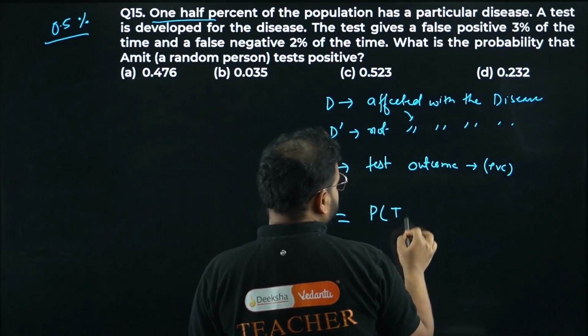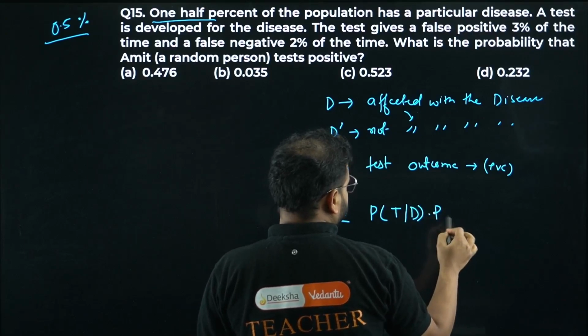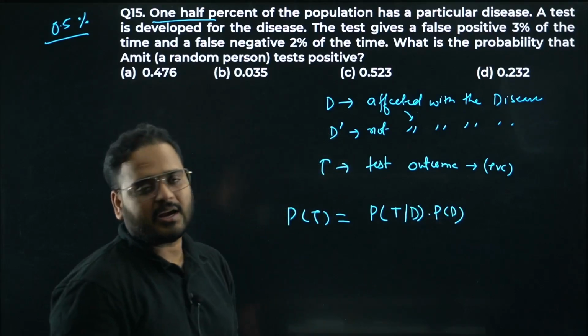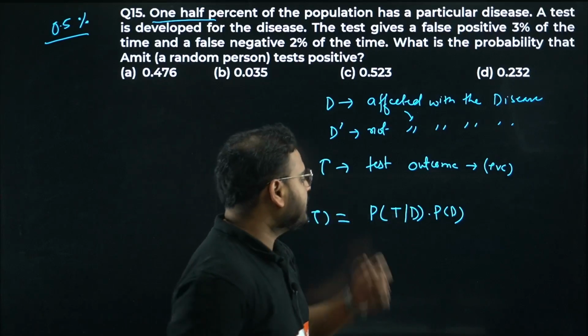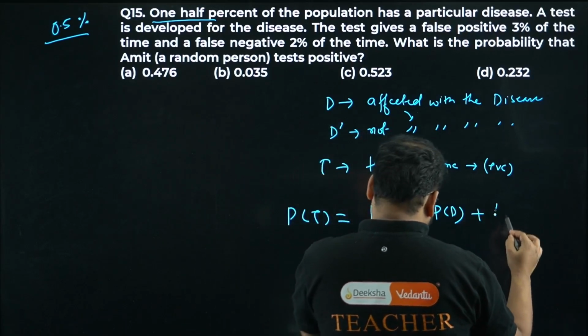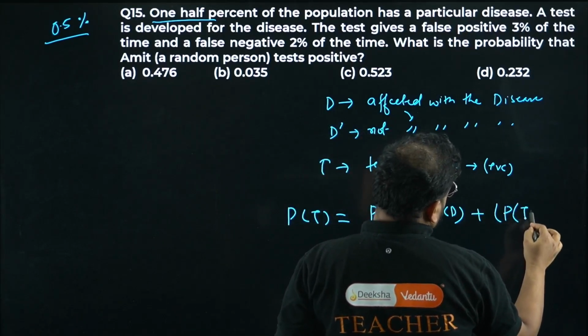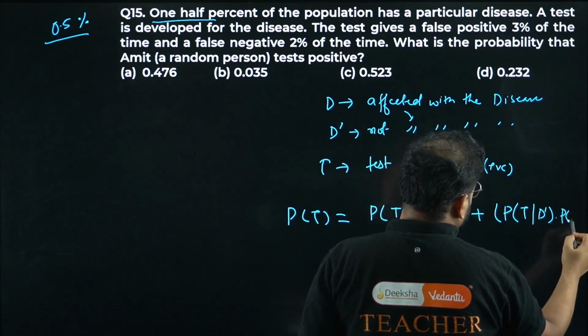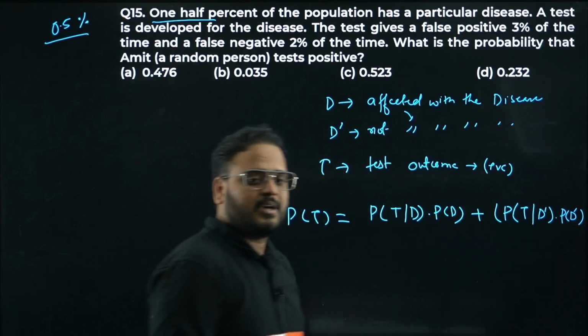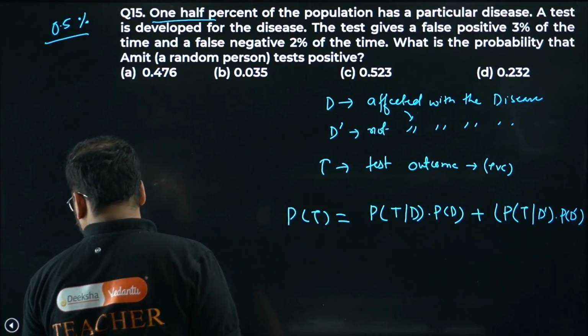Test is positive when I have the disease, that's how you write it. And second case, test is positive when I don't have the disease. I've taken one extra bracket, I'll just remove that.